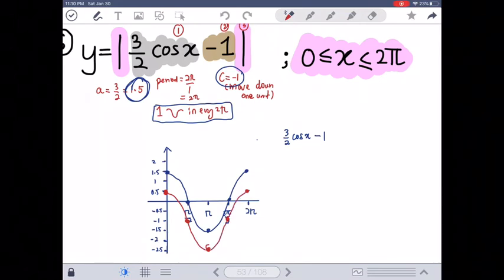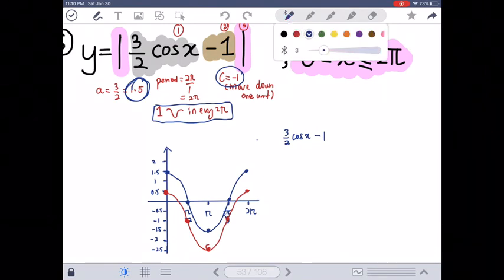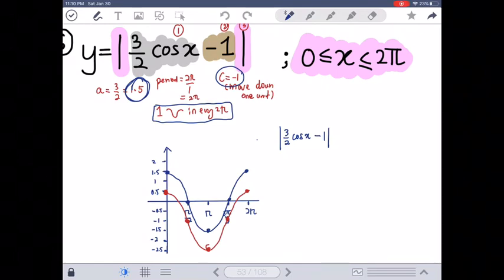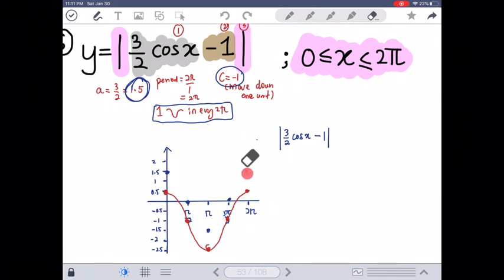Okay, next we will need to modulus. So if we want to modulus, means that everything from bottom goes upwards. So if you look at here, negative 1 becomes 1. Negative 2.5 becomes 2.5. So let me add there, 2.5.